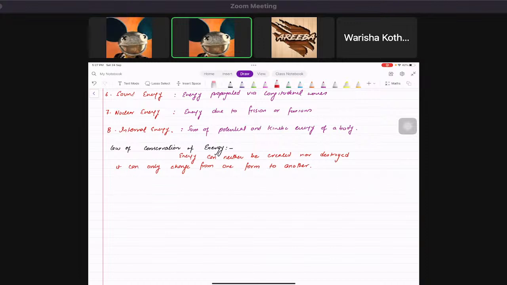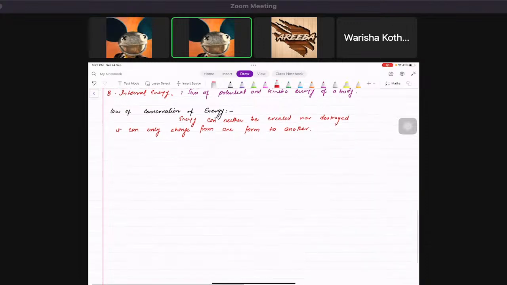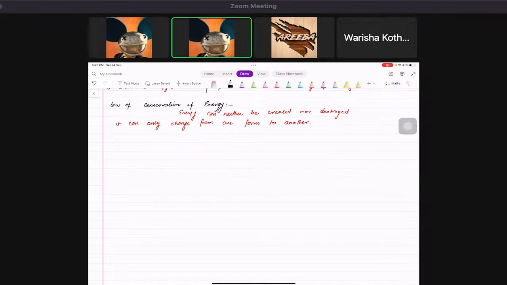What I mean by this is that, for example, a trolley starts from rest at X and reaches Z and comes to rest, right?